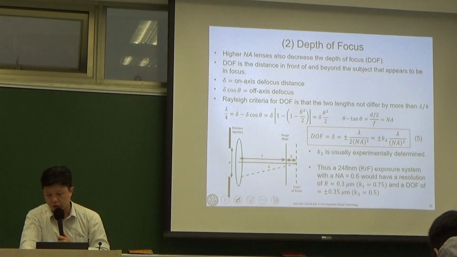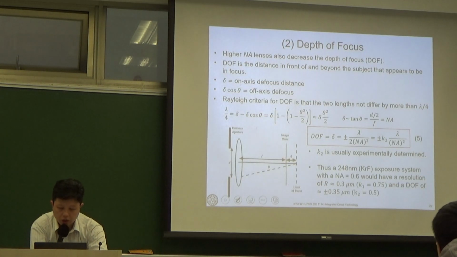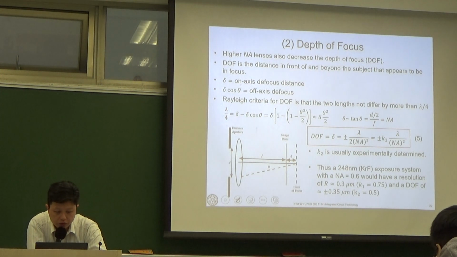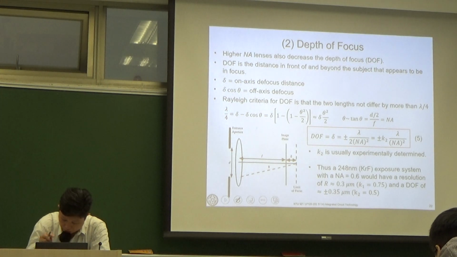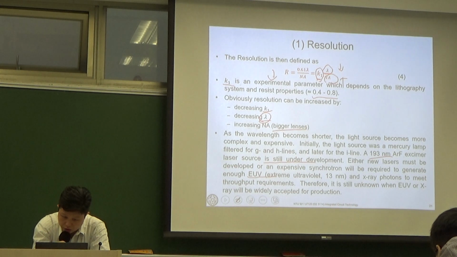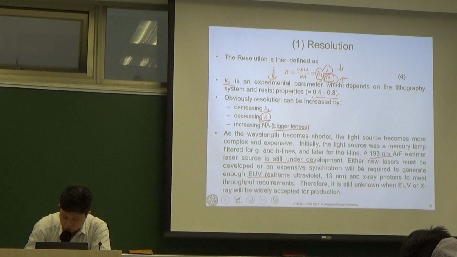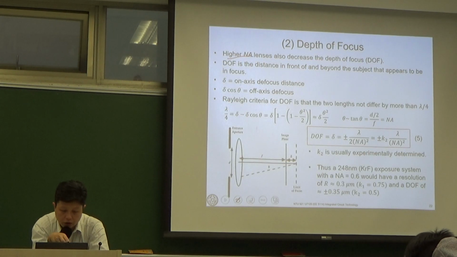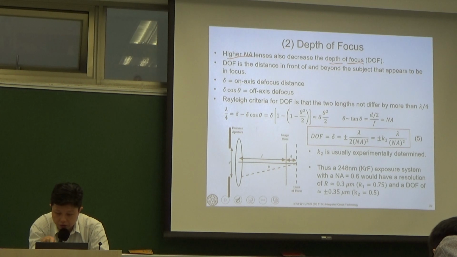Okay, so that's the resolution part. And we also care about the depth of focus. Usually if we want better resolution, we can increase the numerical aperture. But with higher numerical aperture, that will decrease the depth of focus. Depth of focus is defined as the distance in front of and beyond the subject that appears to be in focus.